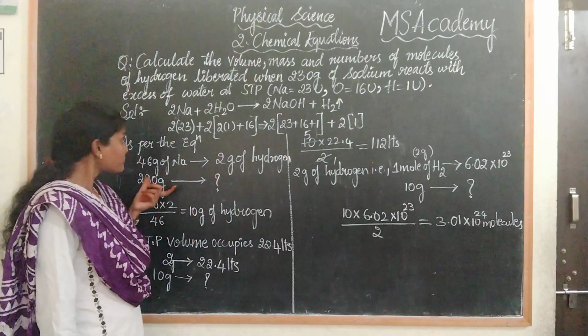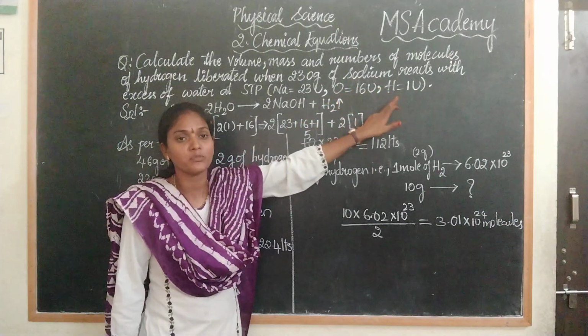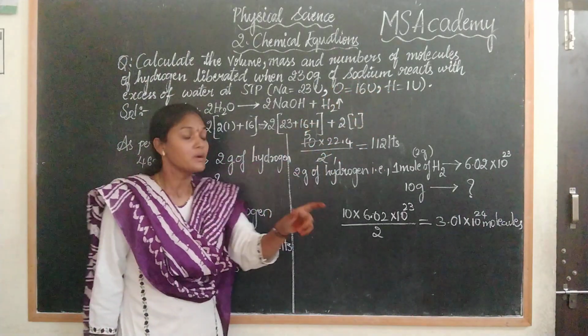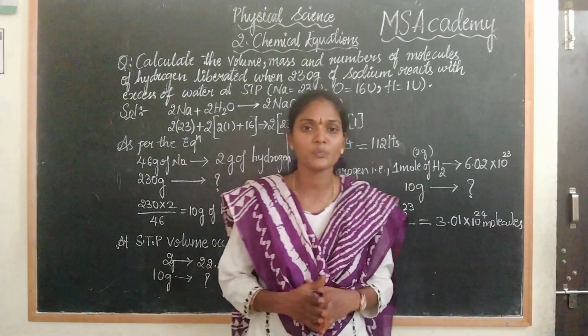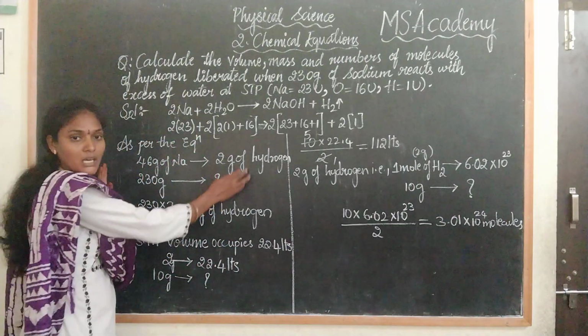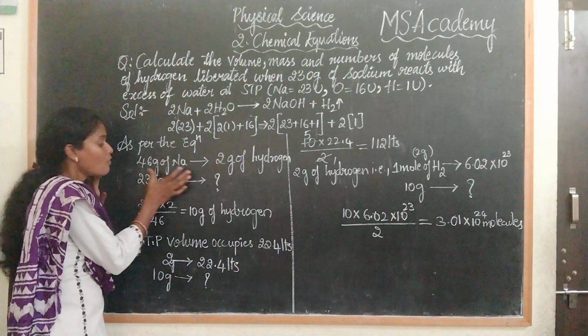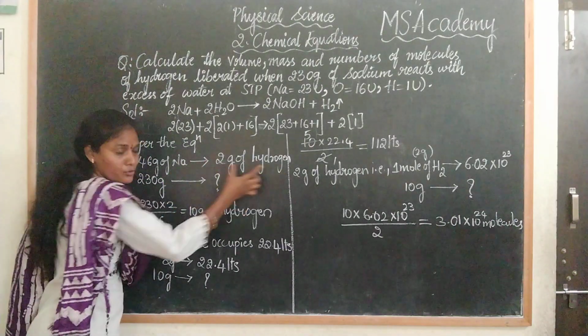Now, what is asked in the question? 230 grams of sodium. When I take 230 grams of sodium, how much gas has been evolved? That we have to find. From the equation, 46 grams of sodium gives 2 grams of hydrogen.